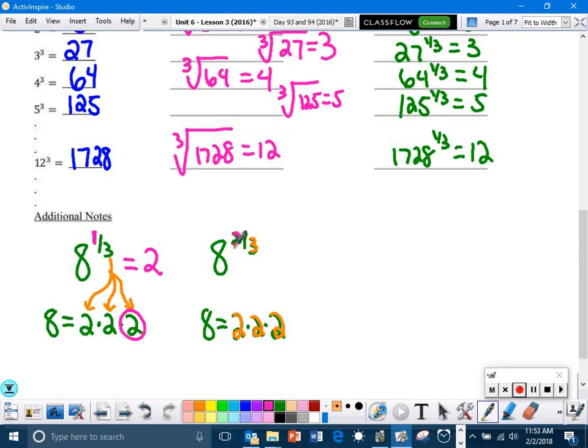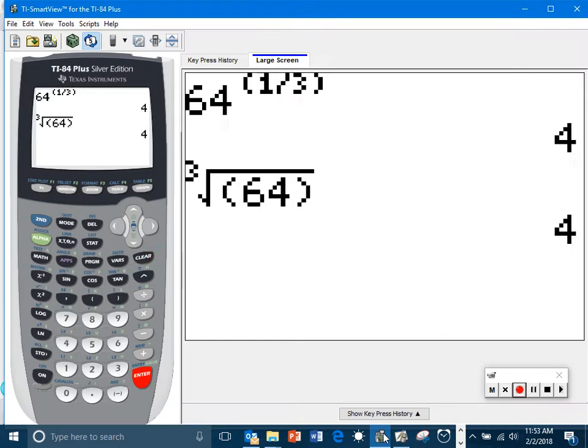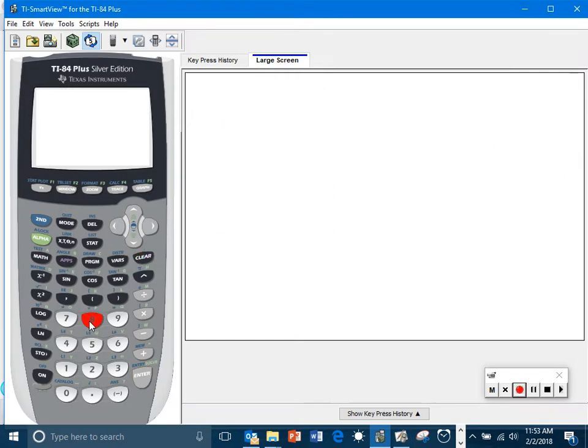Now, the numerator tells us how many we want. We want 2 of them. So 2 times 2, the answer is 4. Let me show that with the calculator. Let me prove that to you. So we have now 8 raised to the 2/3 power. And we're going to get 4.